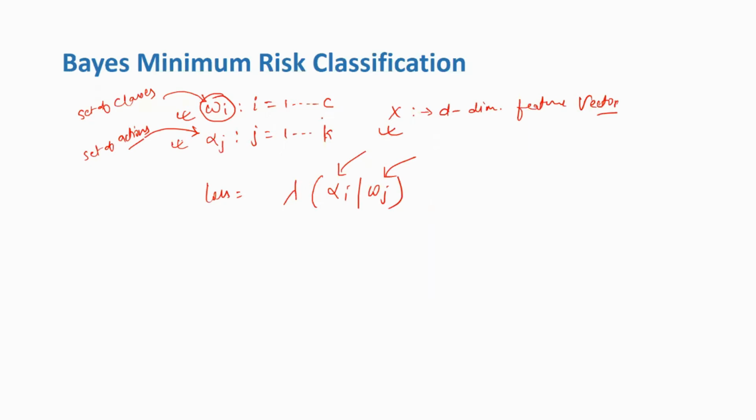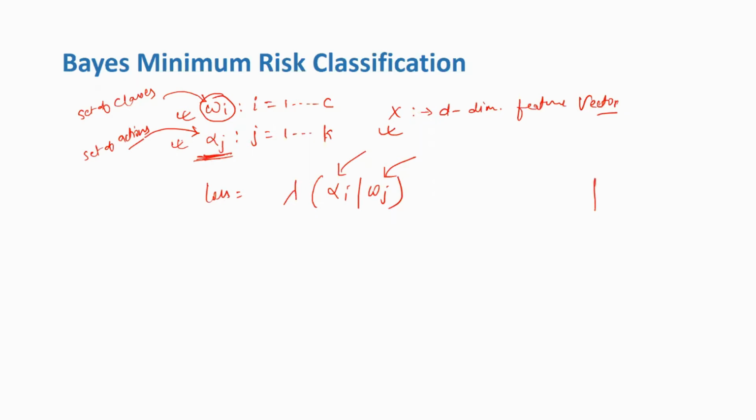But in the Bayes minimum risk classifier, we assume that when we take some action alpha to predict a feature vector x to be classified within a set of classes omega i, there is a risk involved in that prediction. When we take some action, there is always some risk involved.